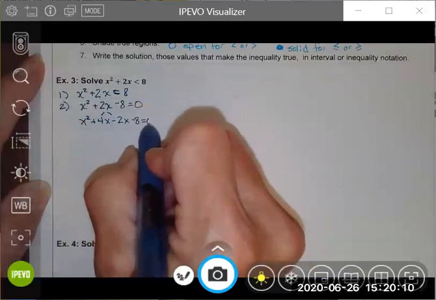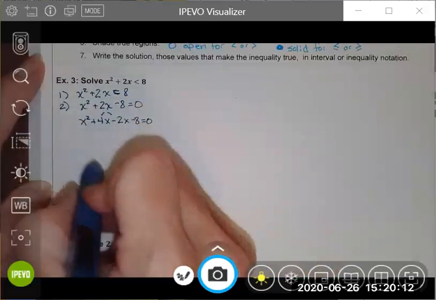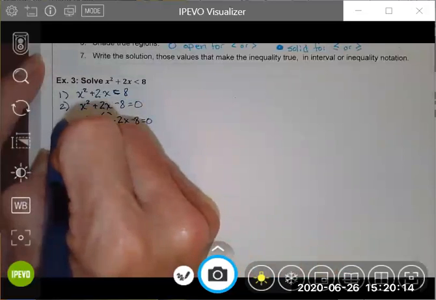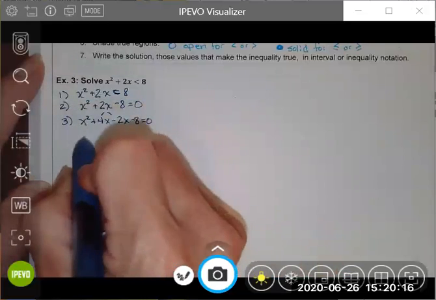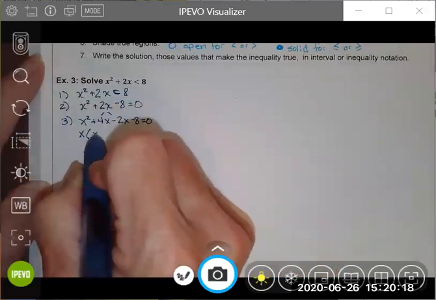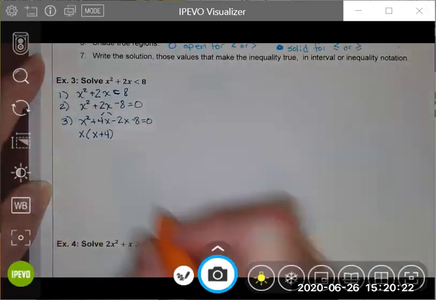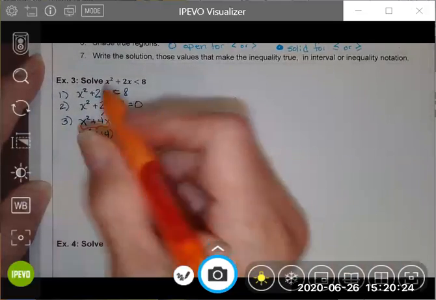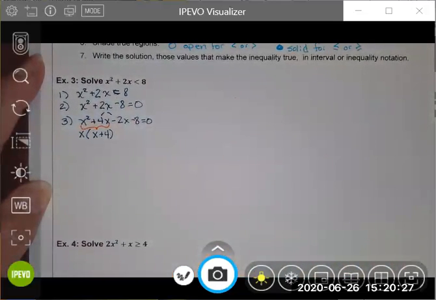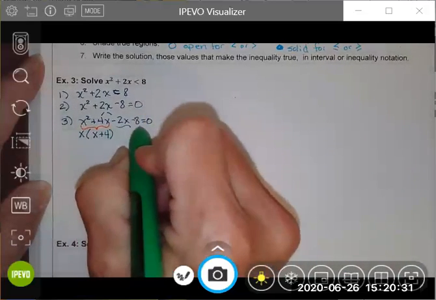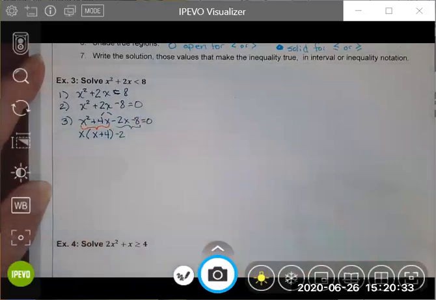I can do my grouping here. This is step 3. And when I do my grouping, I end up with x plus 4, because x is the greatest common factor between these two sets of terms. And then my greatest common factor on the other end would be a -2.